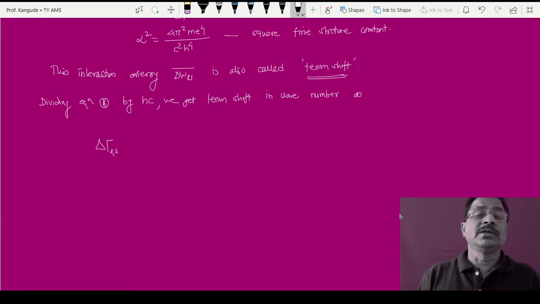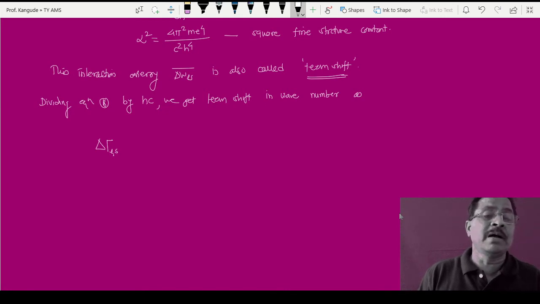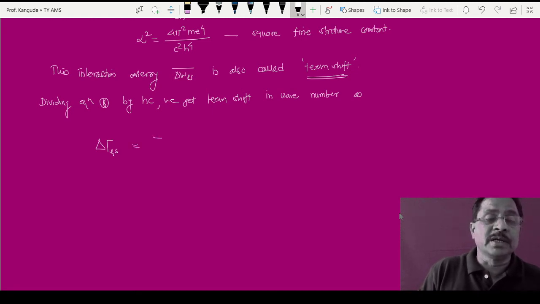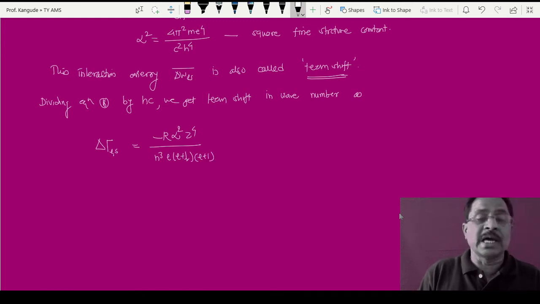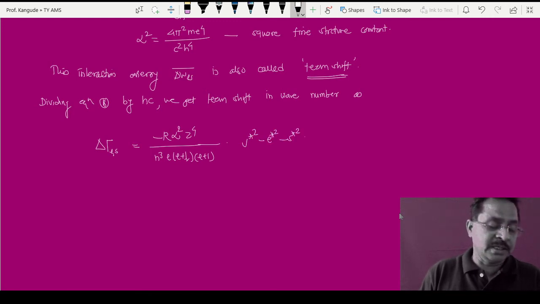So the term shift in terms of wave numbers because of the spin orbit interaction, delta gamma_LS, is equal to minus R into alpha raised to 2 into Z raised to 4 divided by n cube into L into (L plus half) into (L plus 1), all these things as it is, multiplied by J star square minus L star square minus S star square.